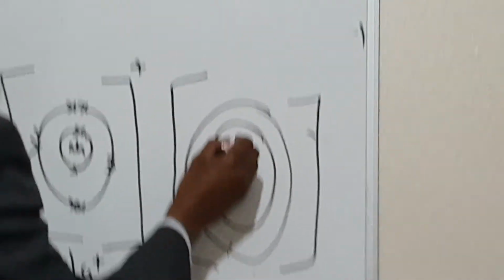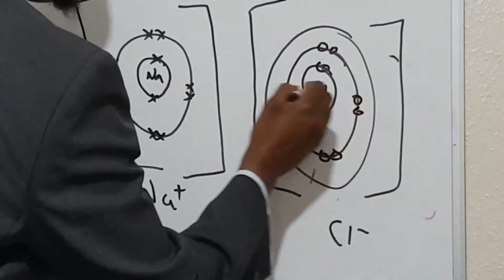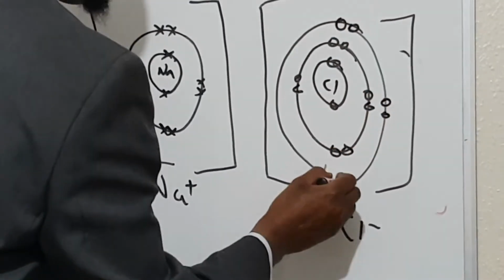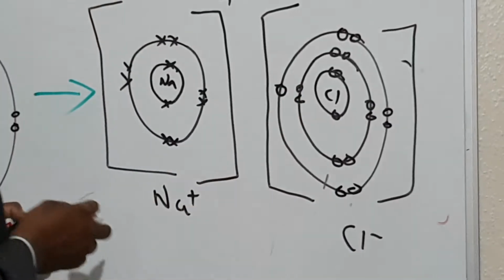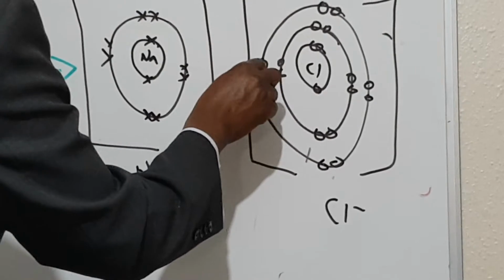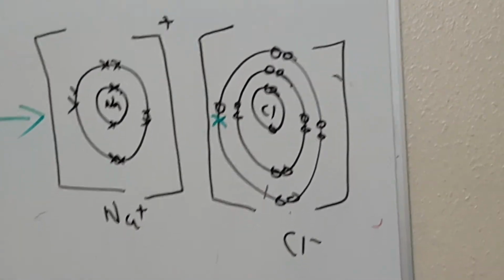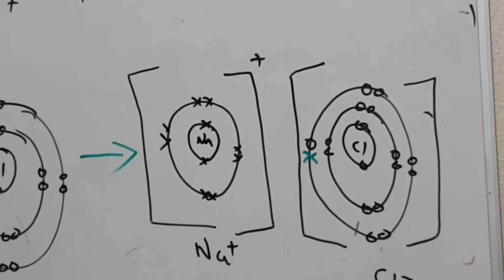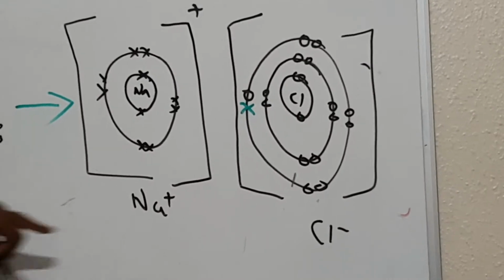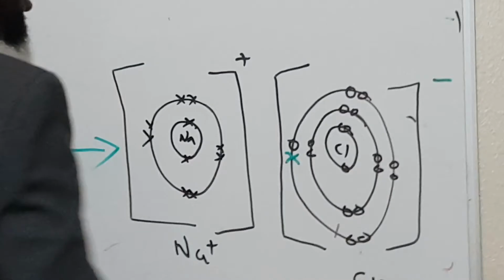So it will be like this, 2, 8, then 7. So this electron is donated to chlorine, and you have a chlorine ion. This is negative.